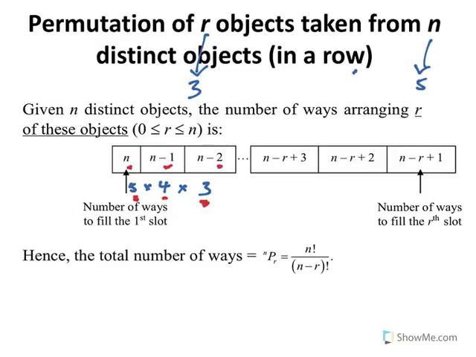So when it's at the r-th slot, it's n minus r plus 1. This is from your lecture comprehensive notes again.